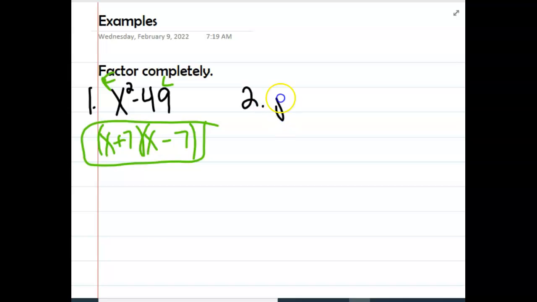Okay? Number 2, let's do p squared minus 64. Once again, if we talk through that factor flow chart, we should check for greatest common factor. P squared and 64, they don't have anything in common. If I only have two terms, it means that when I FOIL this out, I just get my F and my L. Okay, well, what times what gives me p squared?